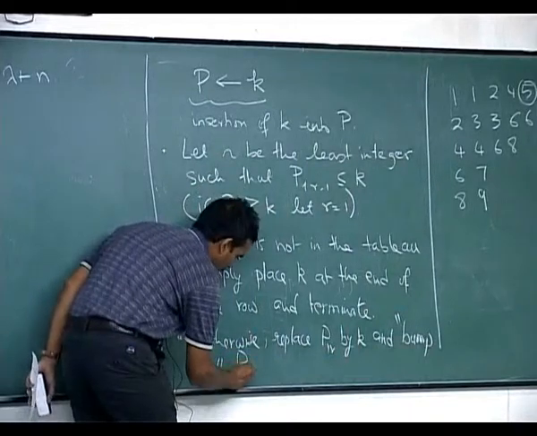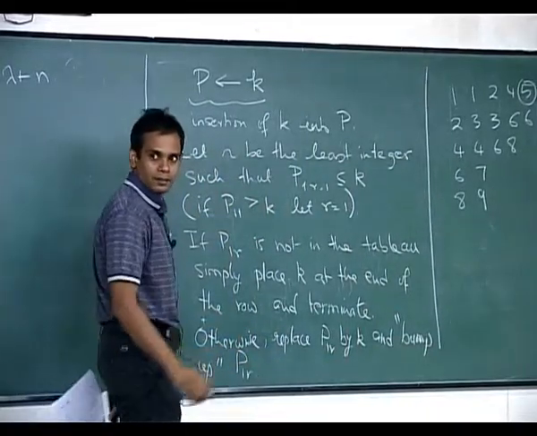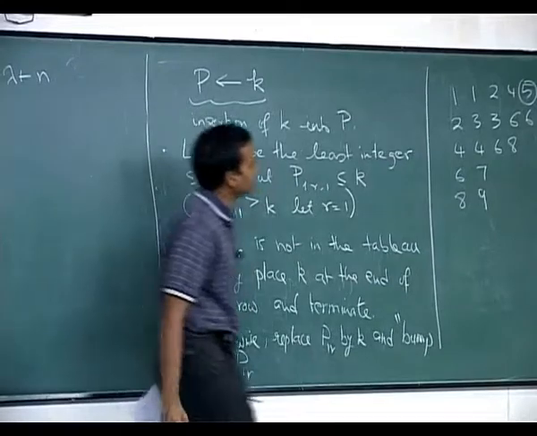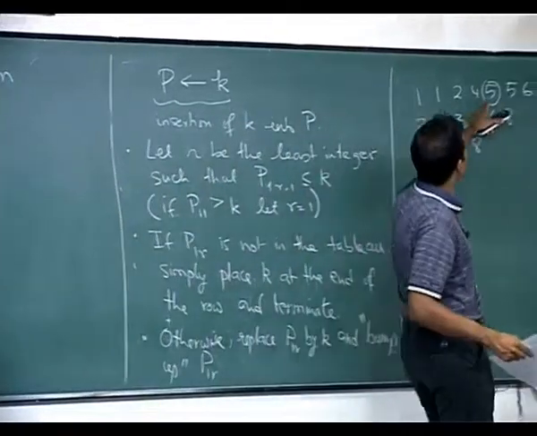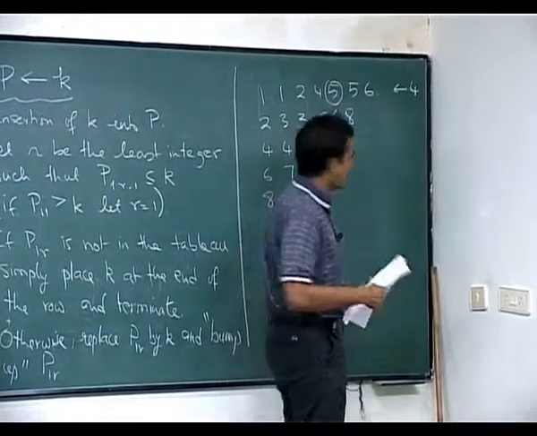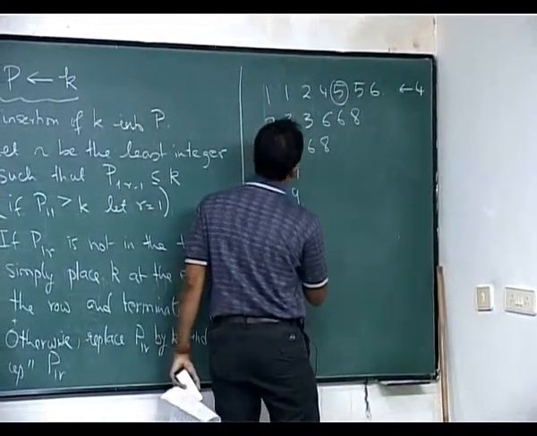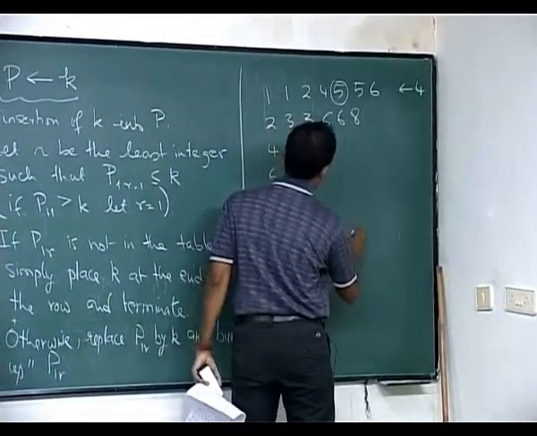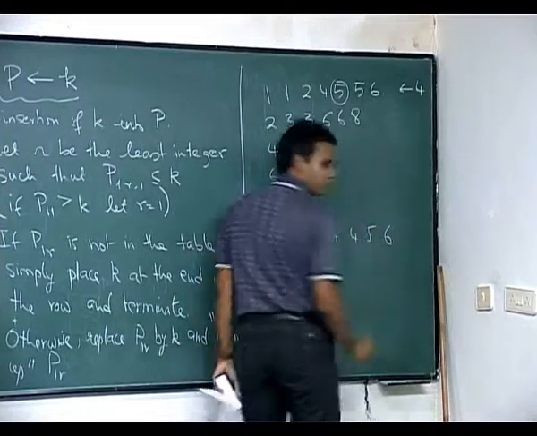Bumping up means that I'll take this 5 and try to insert it into the second row. What I'll do is I'll take this 1, 1, 2, 4, 4, 5, 6.